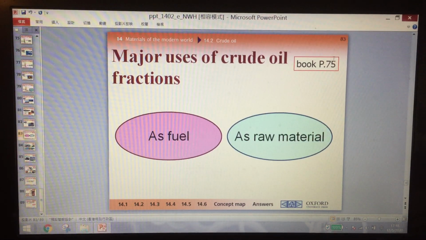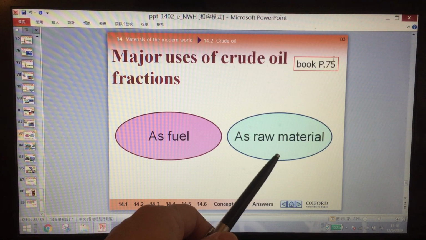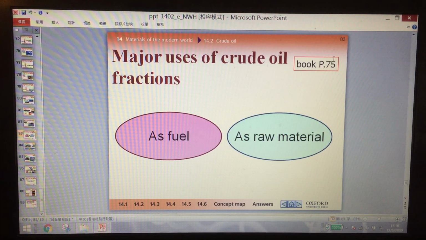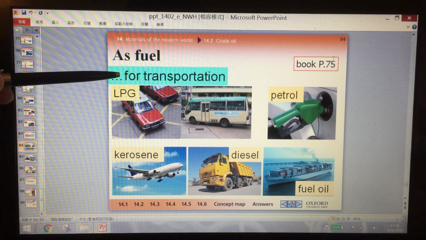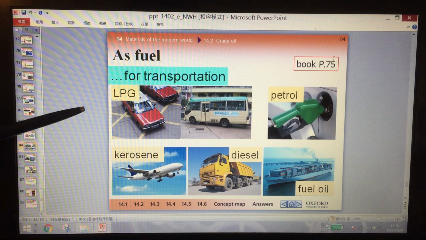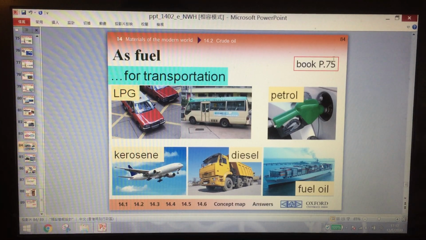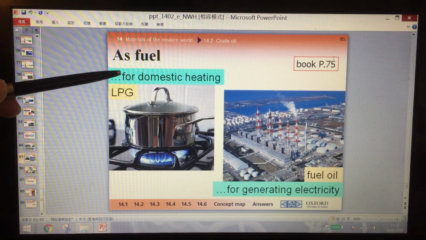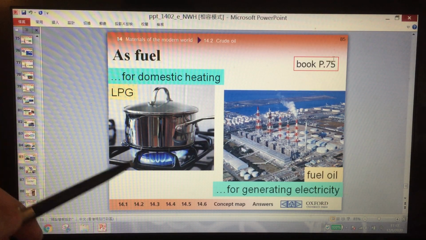Okay, so for the major use of crude oil, that is as fuel or as raw material. As fuel, it is used for transportation, okay? We already talked about that. And as fuel, it may be for domestic heating, okay? We cooking.